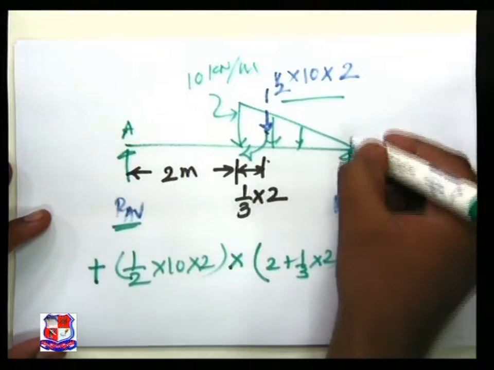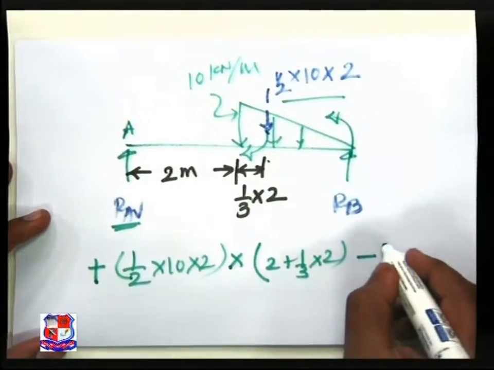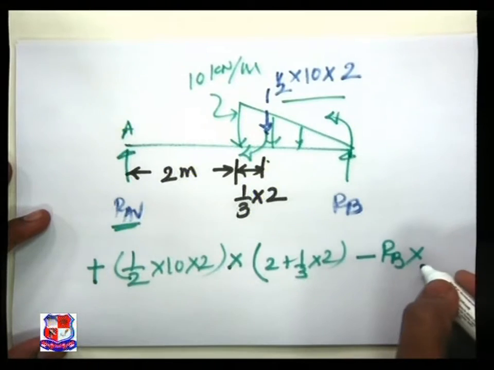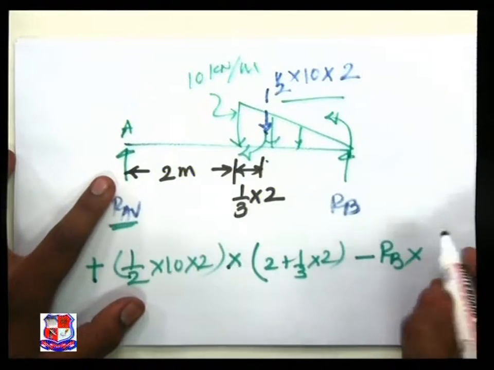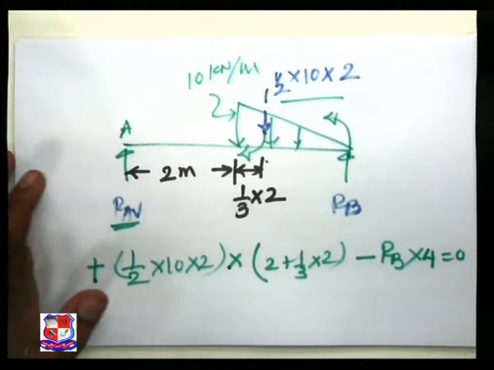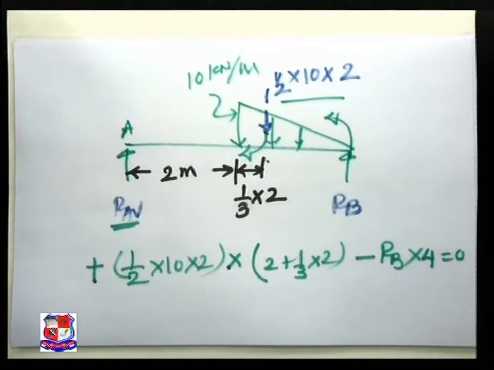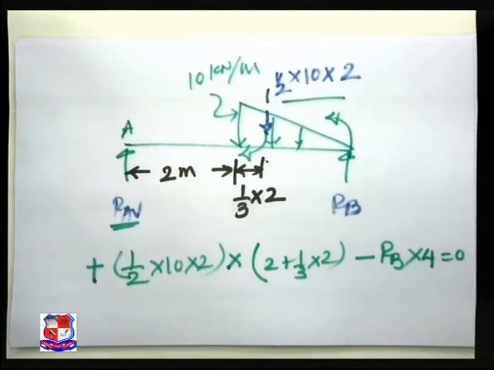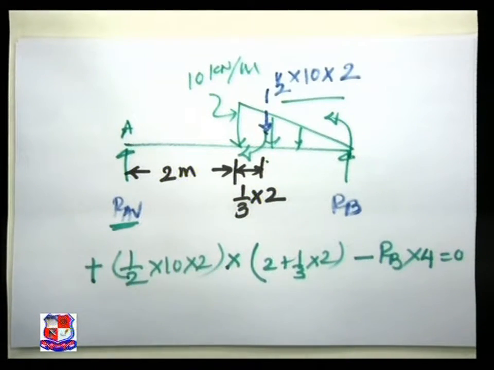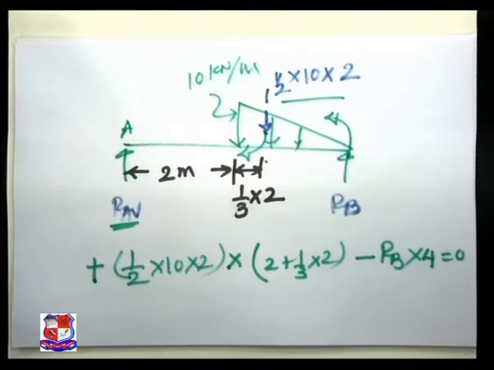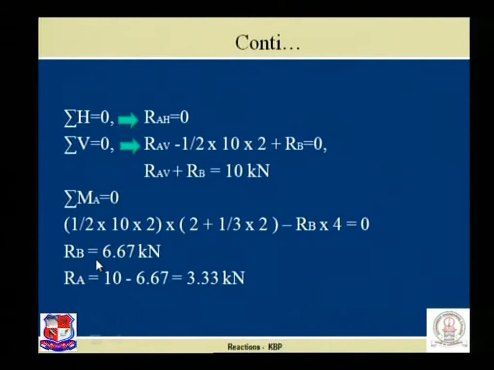This is RB, which creates an anti-clockwise moment, RB into the perpendicular distance from A, is equal to 0. If we solve these equations, we obtain the value of RB as 6.67 kilonewton. See over here, RB comes to be 6.67 kilonewton. Place the value of RB in this equation. We find RAV is equal to 10 minus 6.67, that is 3.33 kilonewton.